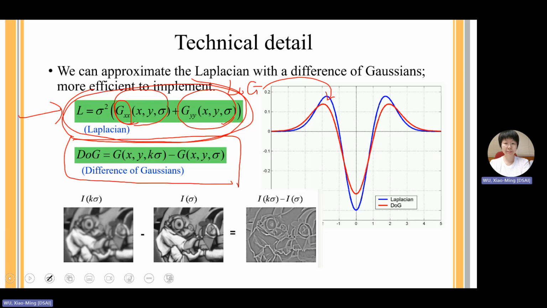That is to say, the blue curve can be approximated by the difference of two Gaussian functions, two Gaussians with different sigma. For example, the k here could be 2, or it could be 3. You need to find a proper k to approximate the blue curve.